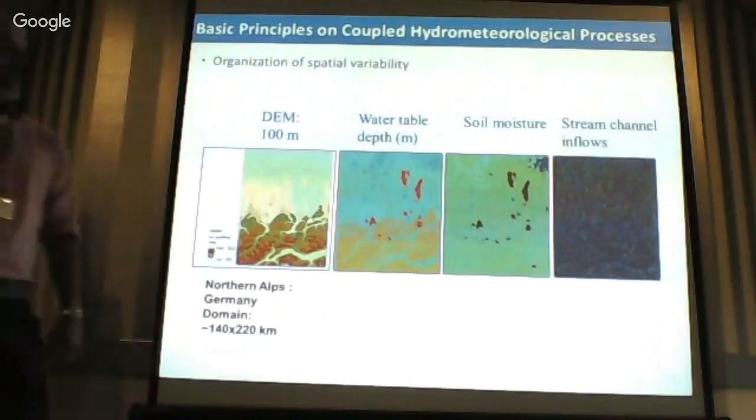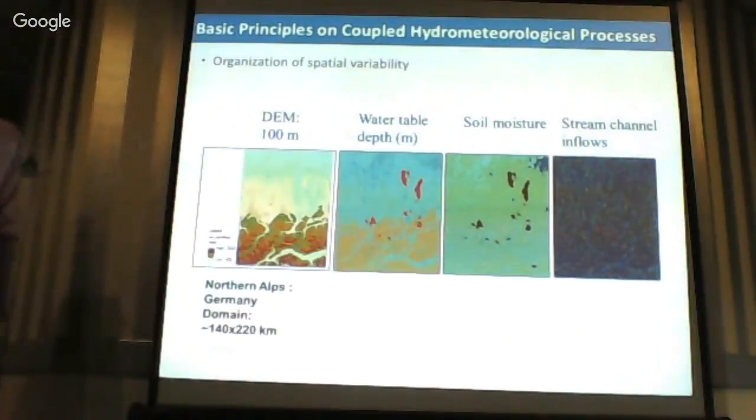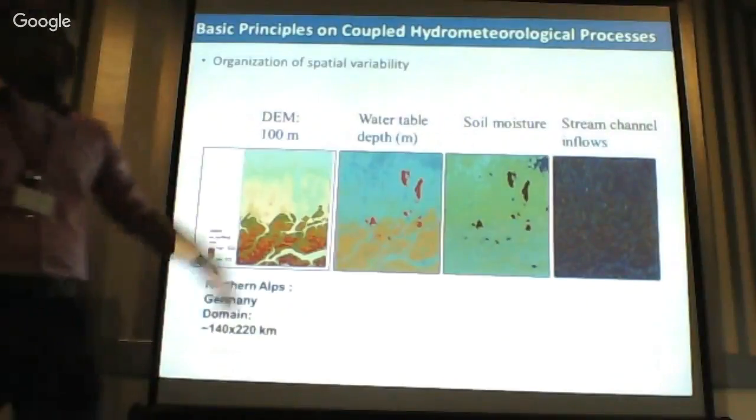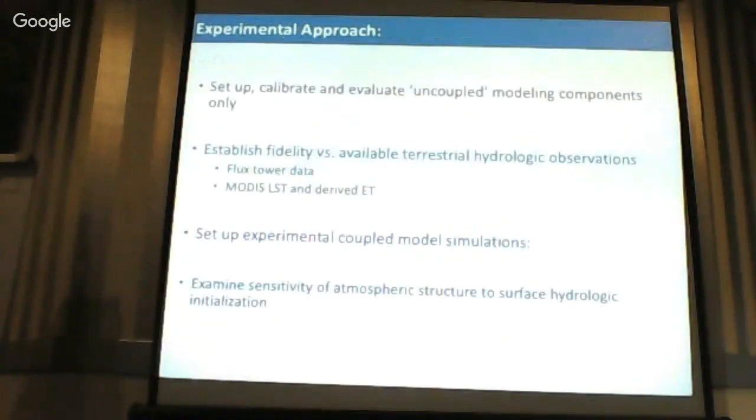So you start to get a very clear representation of where the valleys are and how that influences the shallowness of the groundwater. Soil moisture tends to organize across those gradients as well, although it can be a little more complicated at the near surface, and then, of course, relating to stream channel flows. So it's this sort of background hydrologic organization that we're looking for as we move to these integrated hydrologic models.